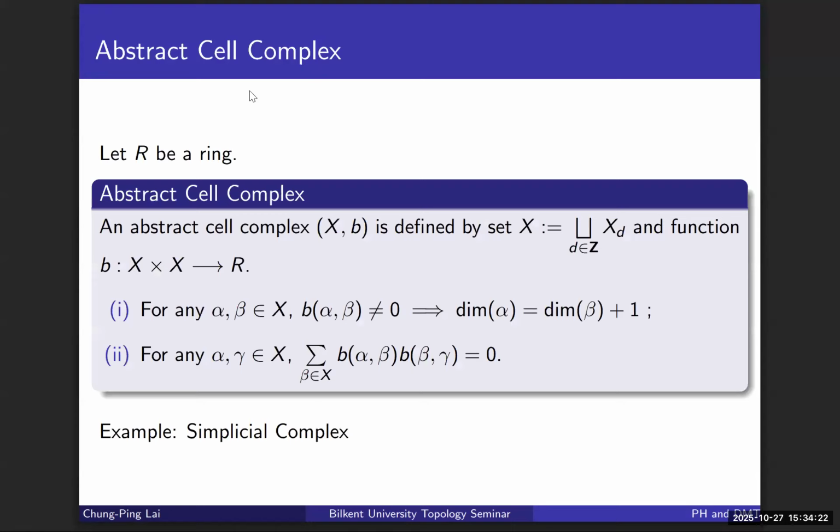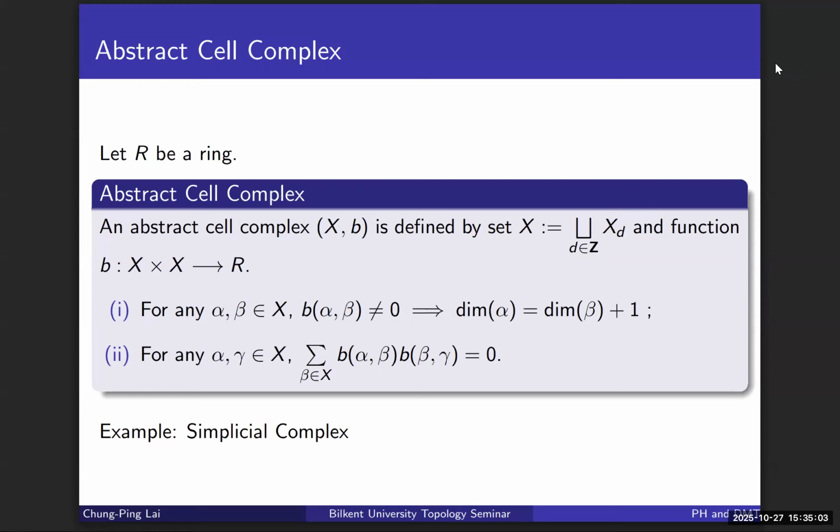Okay, so quickly going through the definitions, because this is a follow-up to the talk last week. We want to use the framework of an abstract cell complex, which means we grade the different cells by their dimension. Then instead of defining face relations, we have a boundary incidence function B, which represents the relation between different cells.